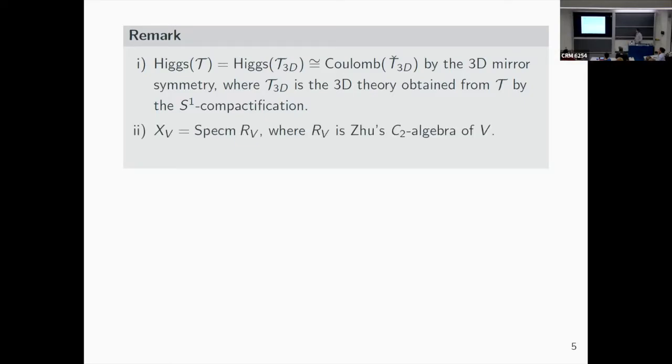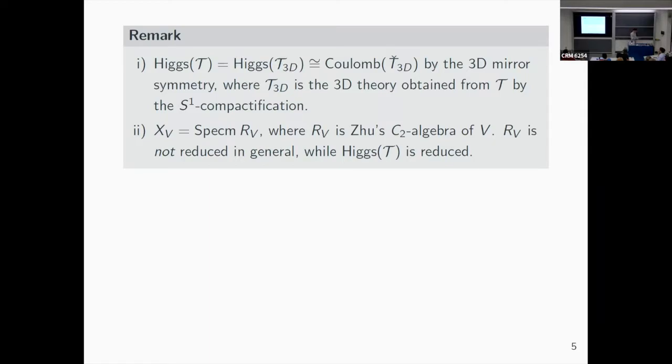And the associated variety of a vertex operator algebra in general is defined as the spectrum of a certain Poisson algebra called Zhu's C2 algebra, naturally attached to a vertex operator algebra. This Poisson algebra is in general not reduced, while a Higgs branch, which is again defined as the spectrum of a Higgs branch chiral ring, is reduced.